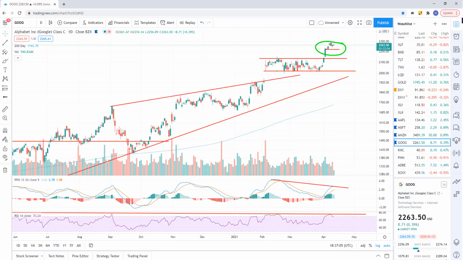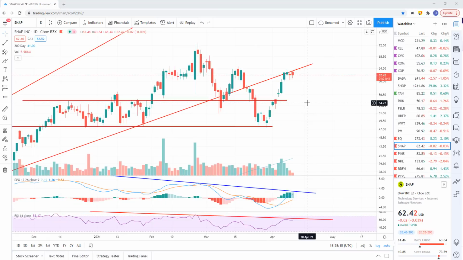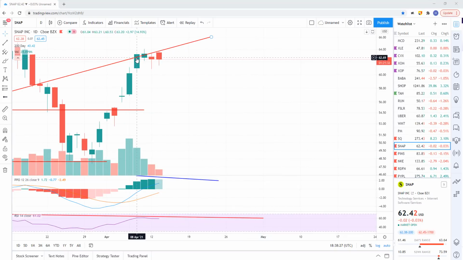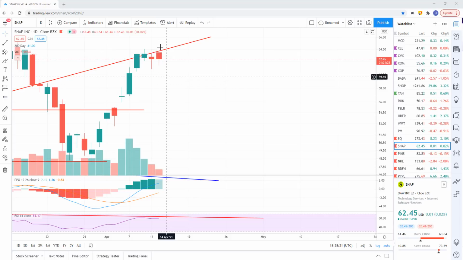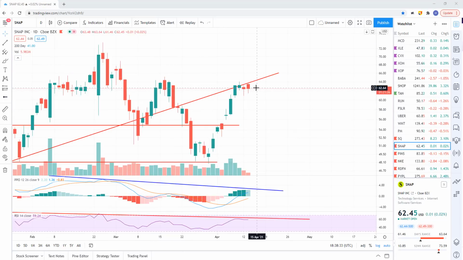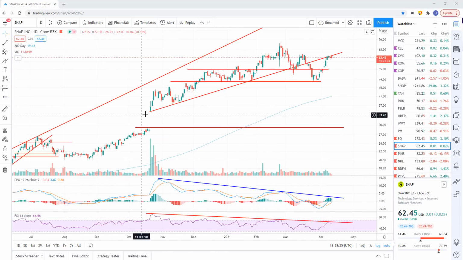So we'll watch that. Snap here, just kind of reviewing this one. So as much as the FANGs are rallying, Snap isn't able to really break above this resistance. It's tested it for the last 4 days. You can see we tested it here, here, here, here. So the last 4 days, and we just haven't been able to break above it. So it's holding as resistance. And here's your uptrend line right there. Broke trend right there. We're back testing.